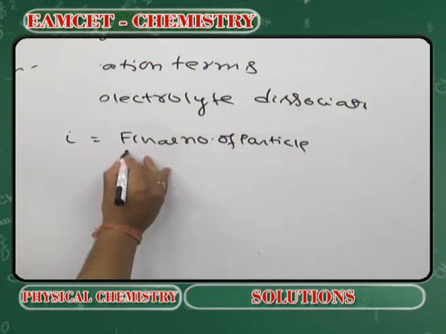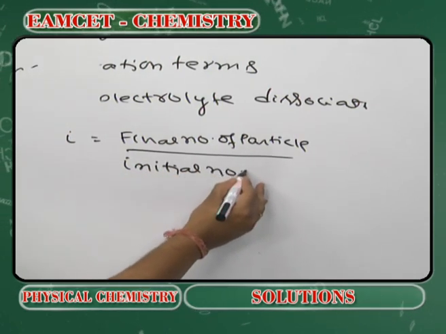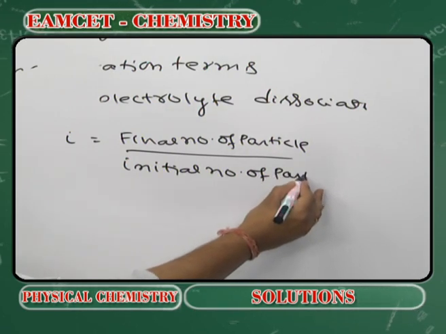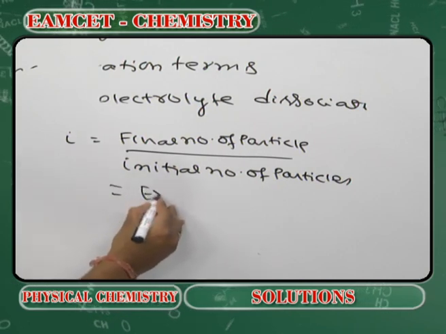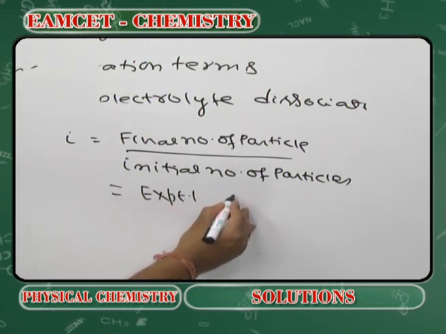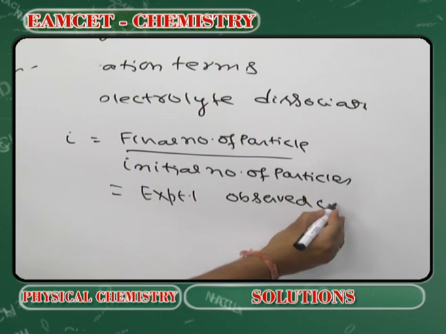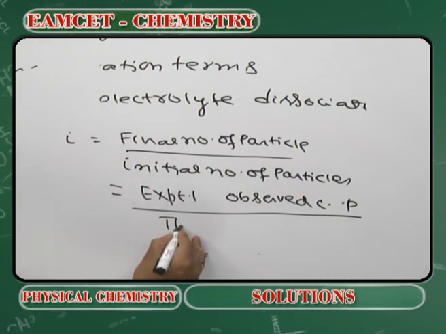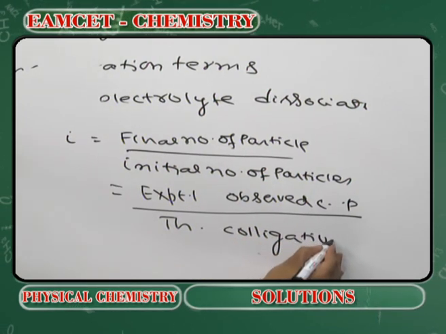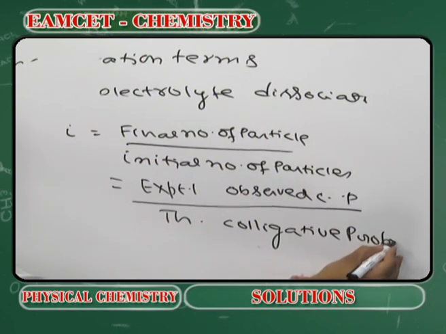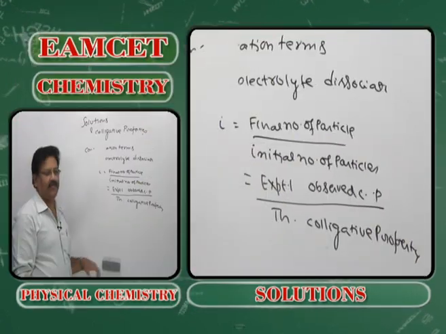Final number of the particles by initial number of the particles, or experimentally observed colligative property by theoretical colligative property, because colligative property always depends upon the number of the particles.